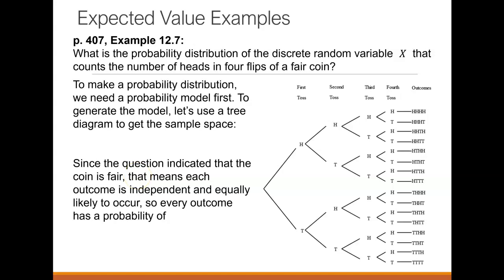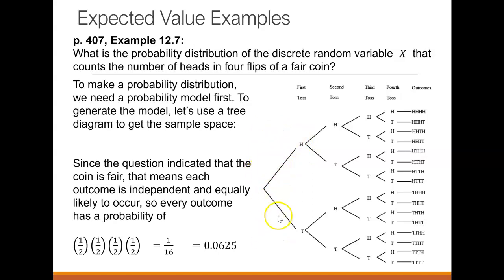So if my variable is for the number of heads, there are 5 possible outcomes. I can get 4 heads, 3 heads, 2 heads, 1 head, or 0 heads. And since this is a fair coin, that means each outcome is independent and equally likely. So every outcome has a probability of 1/2, right?